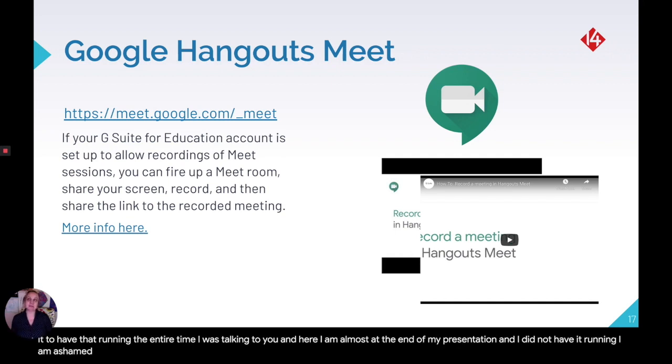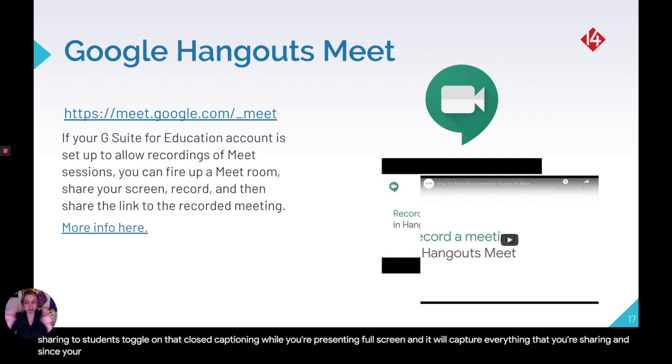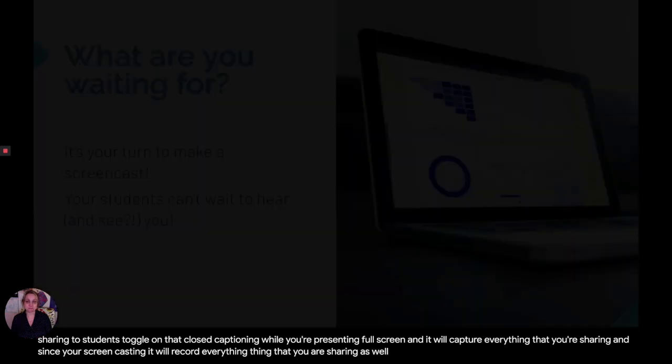I am ashamed, but what I'm glad about is that I'm able to show this to you. If you are using Google Slides with your content or sharing to students, toggle on that closed captioning while you're presenting full screen, and it will capture everything that you're sharing. And since you're screencasting, it will record everything that you are sharing as well.